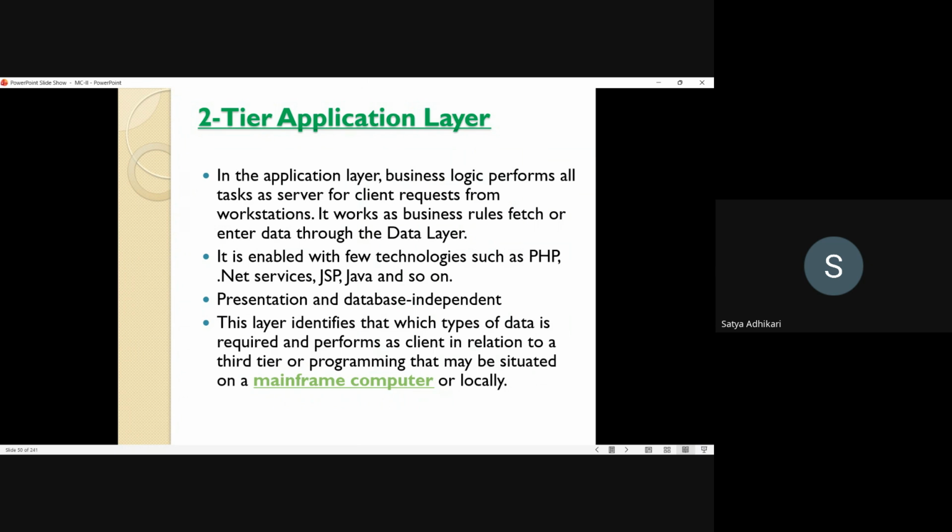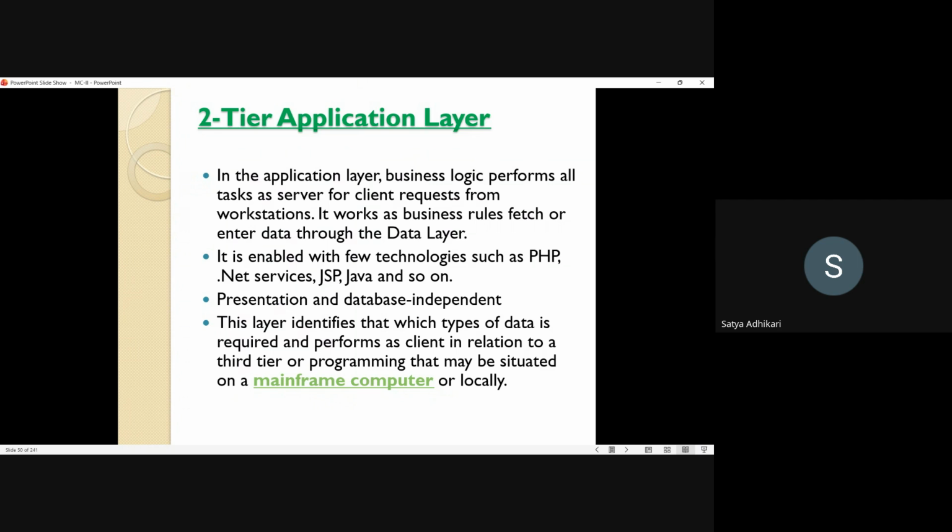The first layer, the presentation layer, is responsible for presenting the data to the user, so it is close to the user interface. The application layer, the business logic, performs all tasks as a server for client requests from the workstation. It works as business rules, fetching or entering data through the data layer.